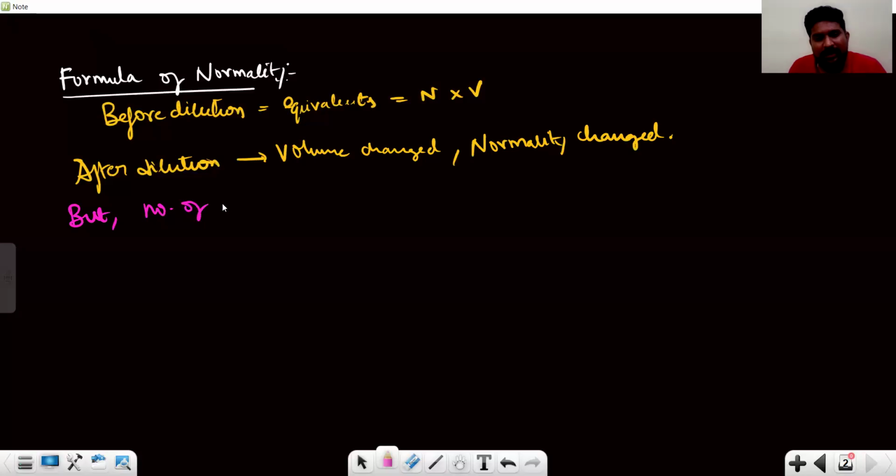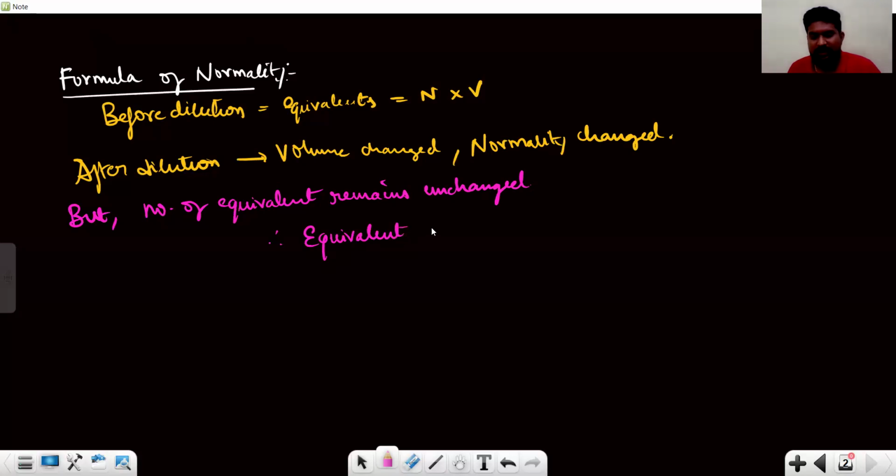The number of equivalents remains unchanged. Is that correct, dear students? The number of equivalents present in the solution remains unchanged. Therefore equivalents before is equal to equivalents after. So I will derive the formula, that is N1V1 = N2V2.